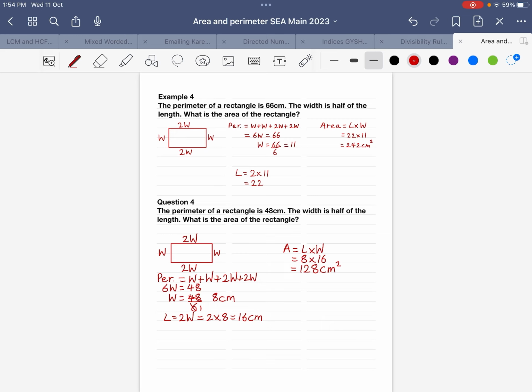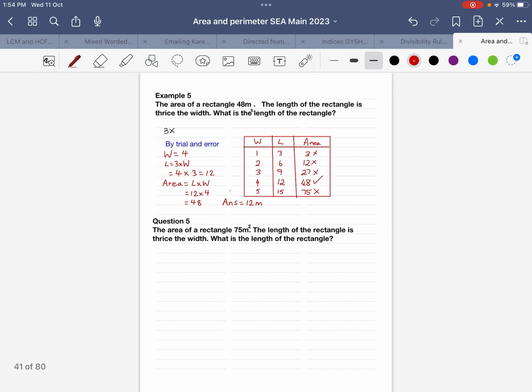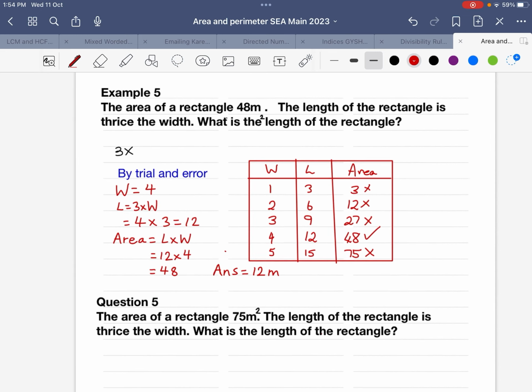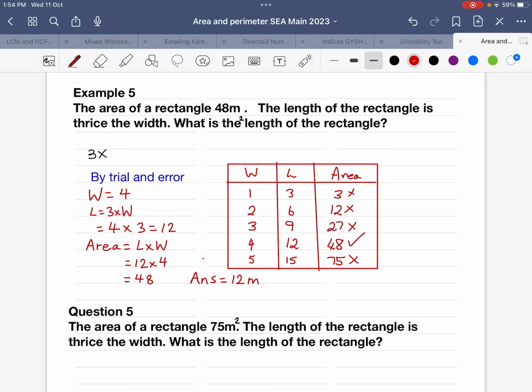Let's take a look at example 5. So there's another way we can do this type of question. The area of a rectangle is 48 meters squared.